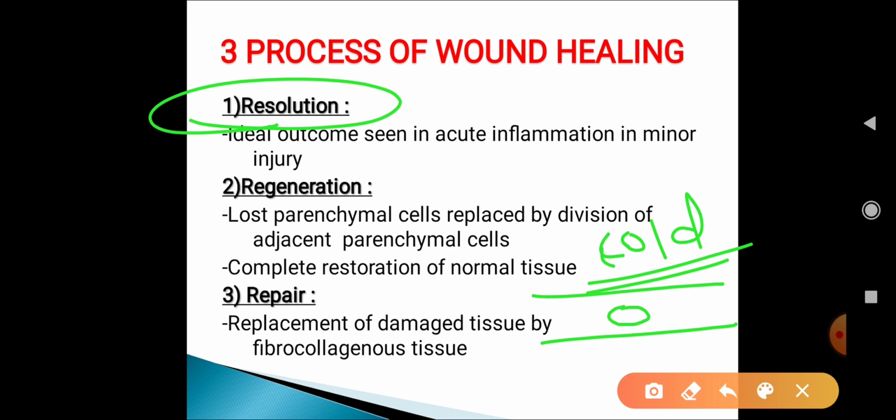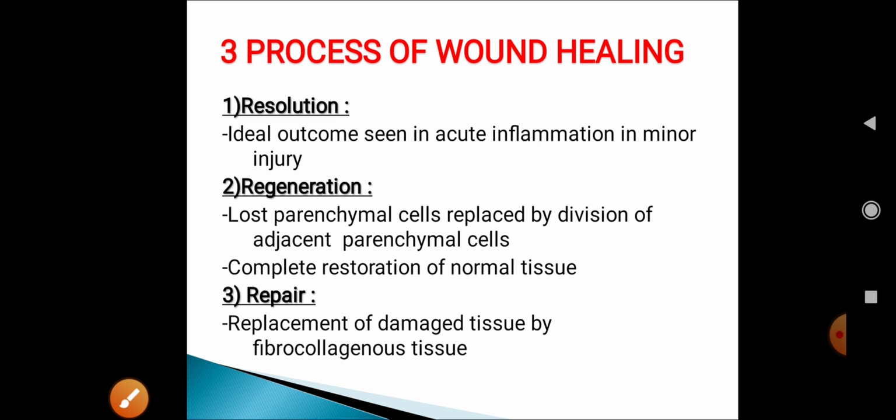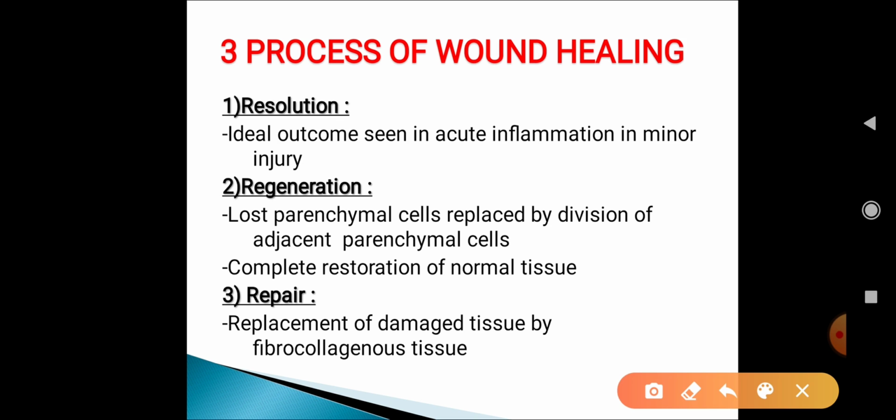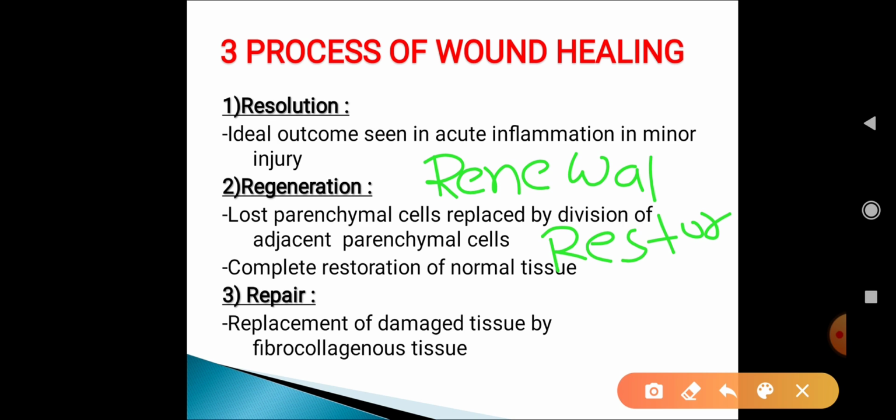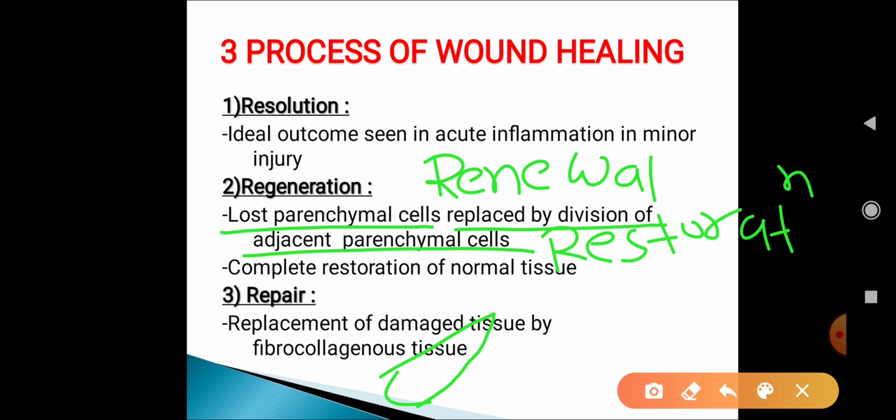Okay, second terminology is regeneration. Basically, regeneration means a renewal or restoration of the lost tissue, right? So lost parenchymal cells will be replaced by division of the adjacent parenchymal cells. This regenerative process happens in bacteria as well as in humans.